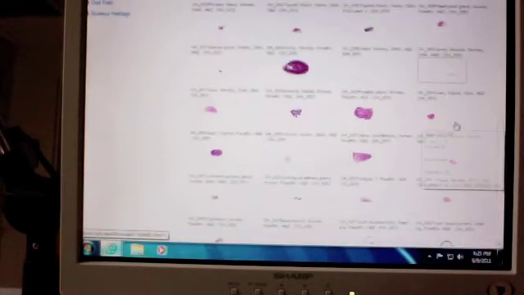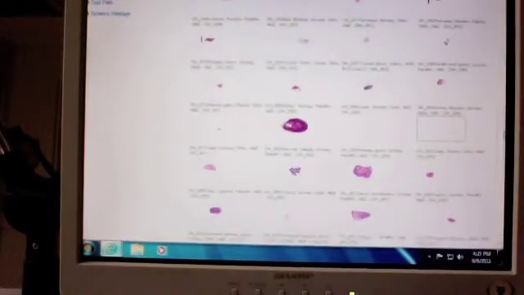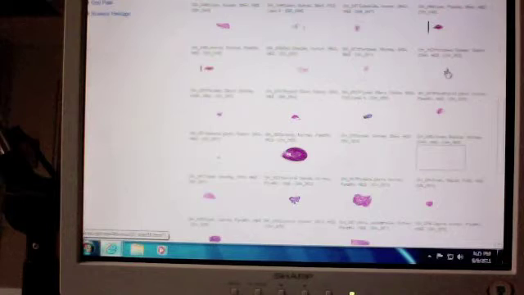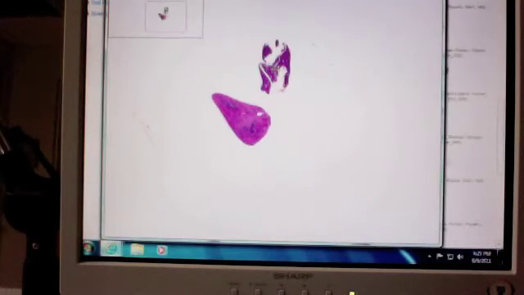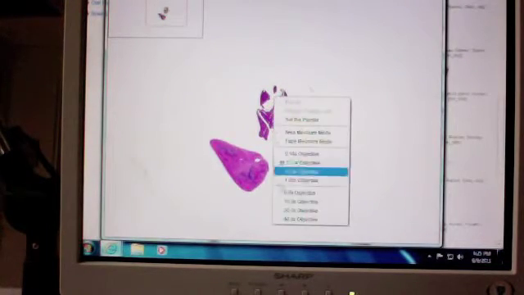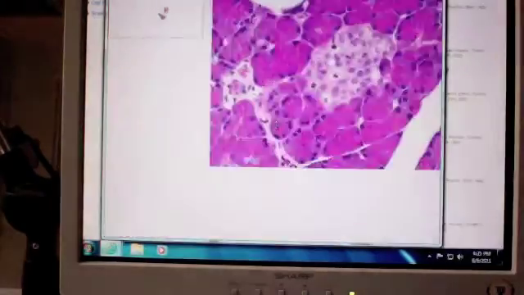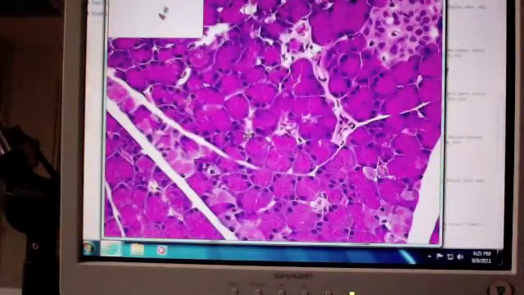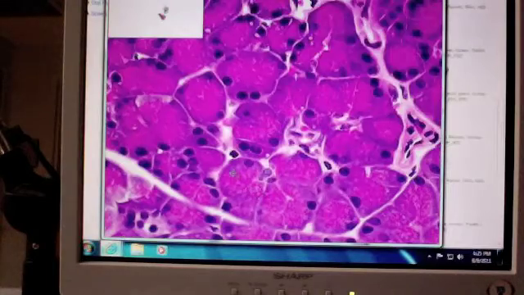Now, contrast that to this. So if I said, name this gland, compound multicellular gland.